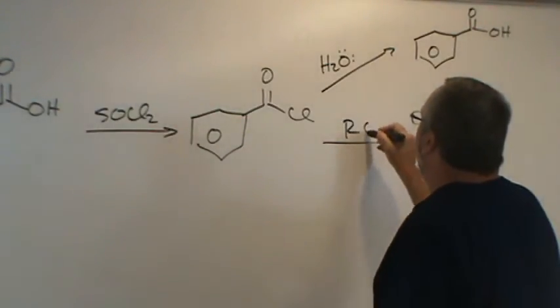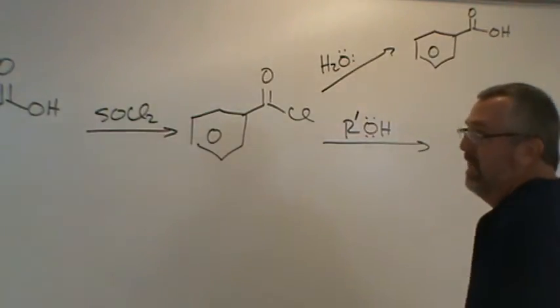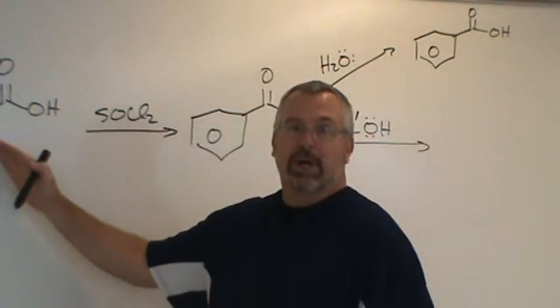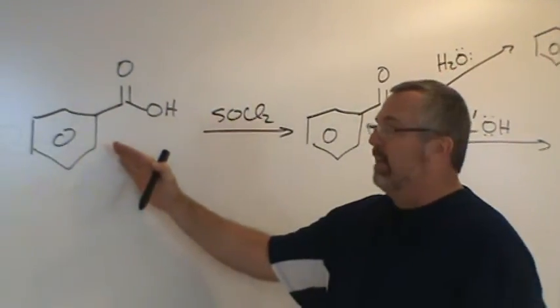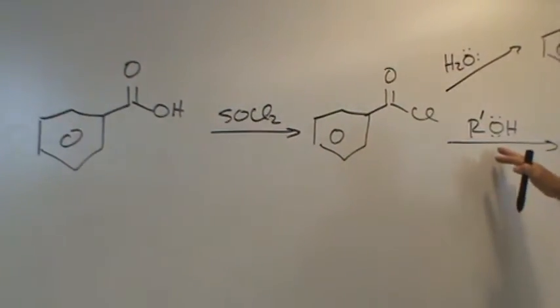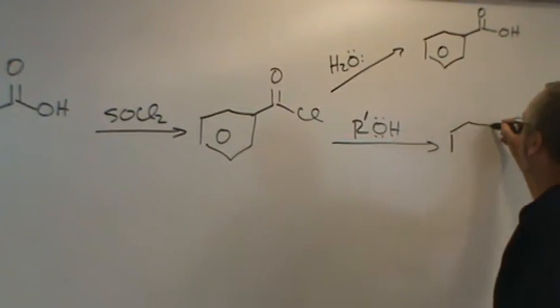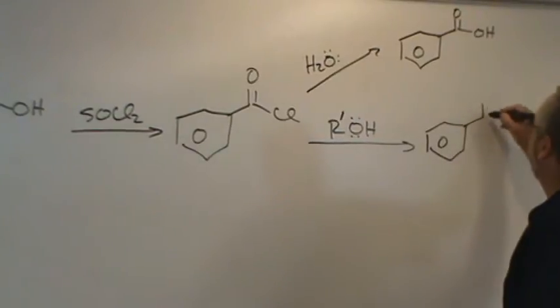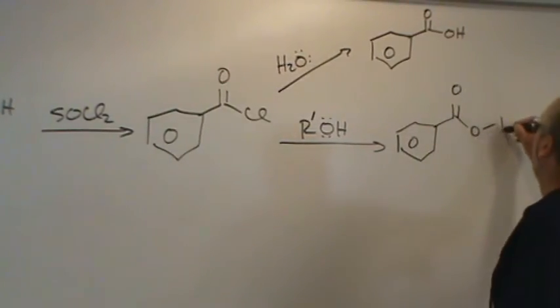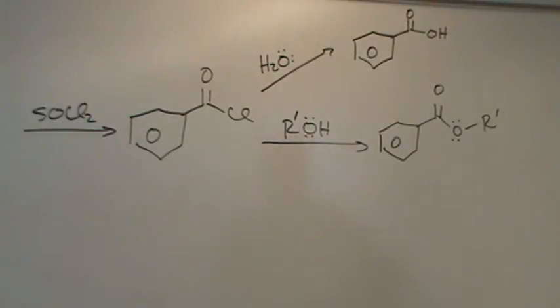If you wanted to prepare an ester, one possibility would be a Fischer esterification of the carboxylic acid. We've talked about that in the last chapter. Another possibility, however, is to take the acid chloride and to react it with an alcohol. That will straight away convert the acid chloride into the corresponding ester.